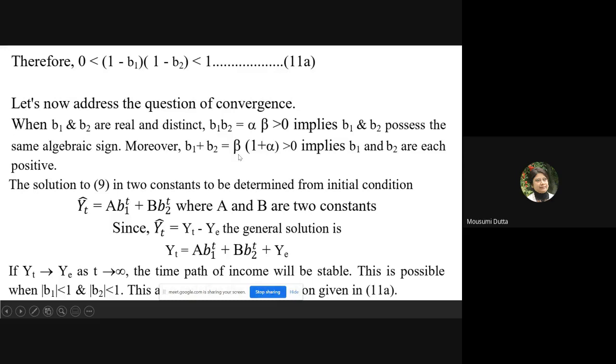So if the entire term you want to be positive, in that case both B1 and B2, both the roots will be positive. B1 plus B2 is equal to beta plus alpha beta. Individually, beta and alpha beta, both the terms are positive. So both the roots are, in that case, positive.